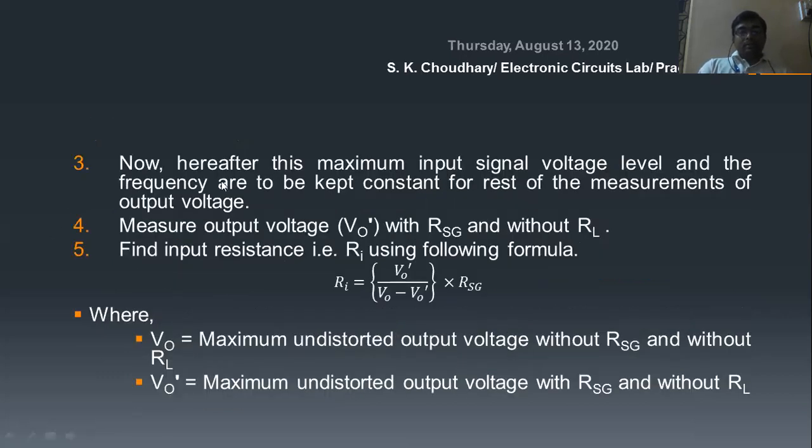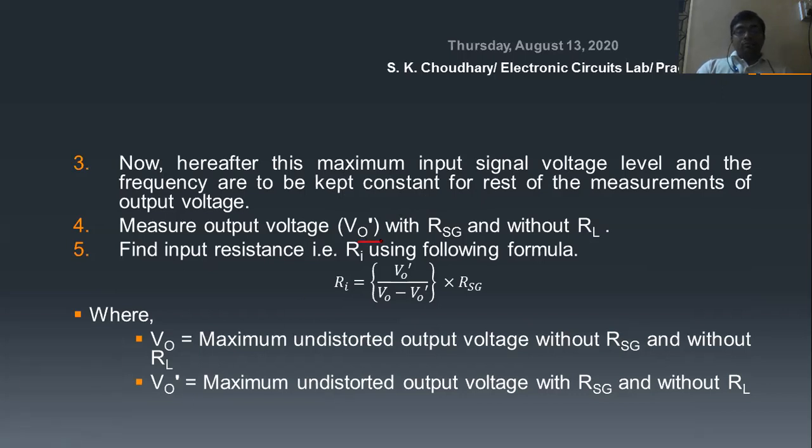The third step: we have the maximum input voltage signal level, the frequency is kept constant, and we do the rest of the output voltage measurements. Measure the output voltage V0 dash with RSG and without RL to find the input resistance. When we connect the RSG in series with the input coupling capacitor and do not connect RL, the output voltage decreases from the previous value of V0, and the new value is defined as V0 dash.